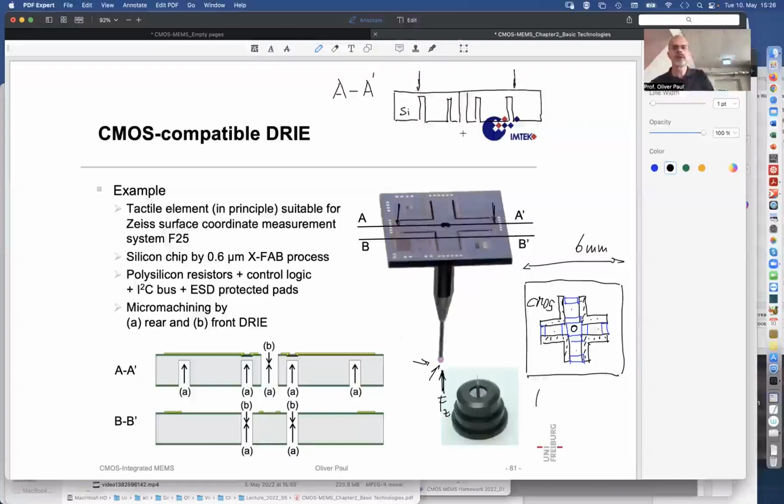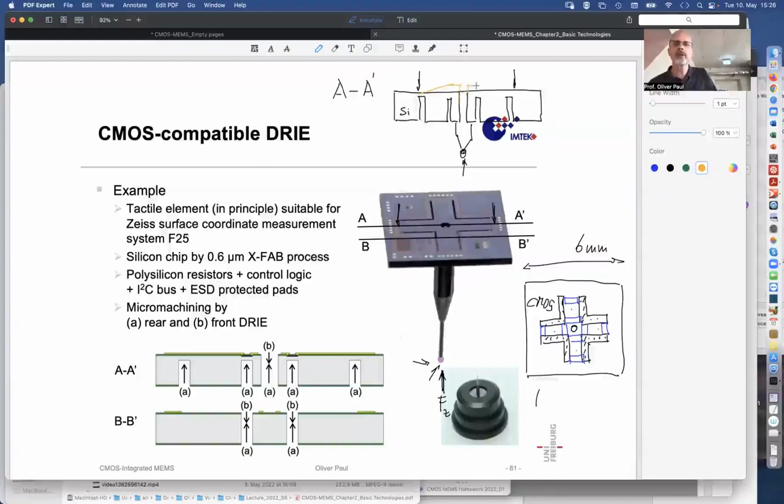Now if I imagine to have this tip here with its little ball and I load it in this vertical direction, what will happen, maybe in orange? This thing will be deformed. This thing will go up a little bit. Then there is again a deformation. Then there is flat.